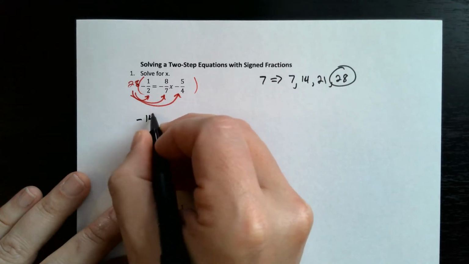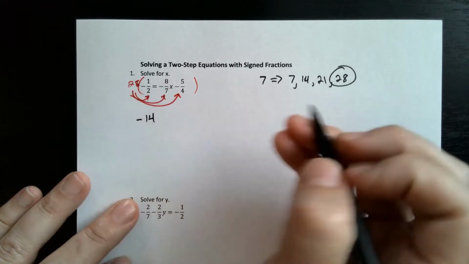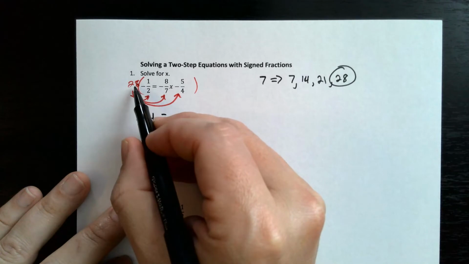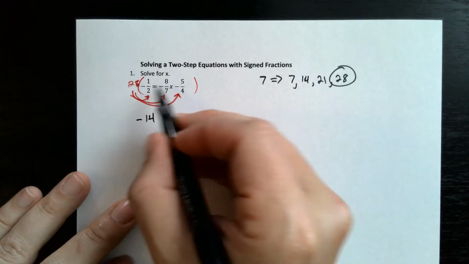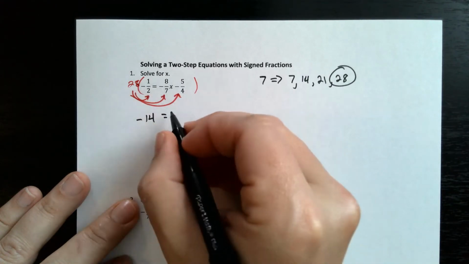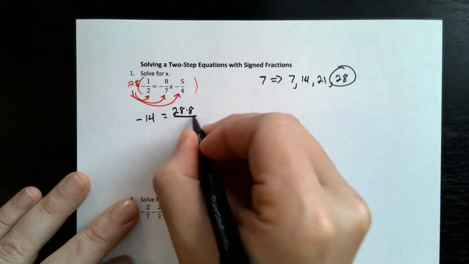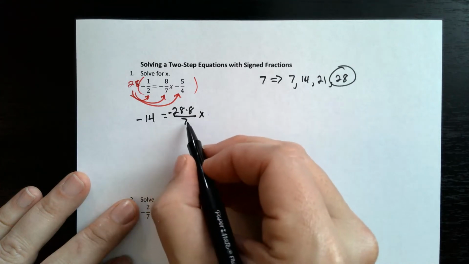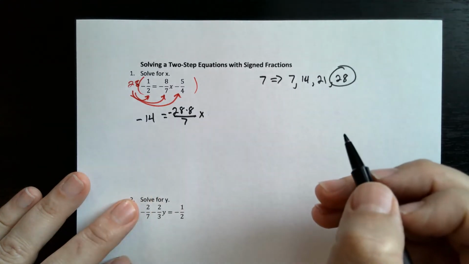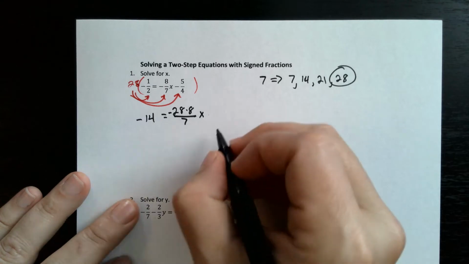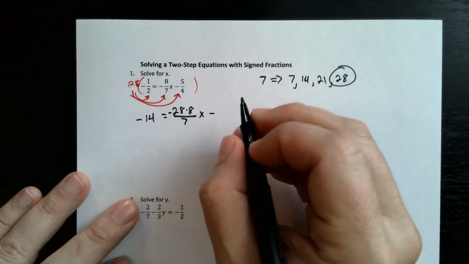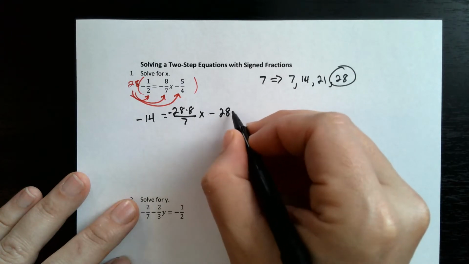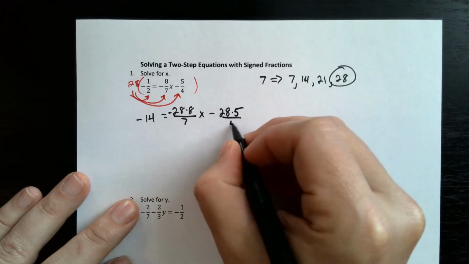So negative 14 is our first one, equals, when I multiply 28 by this, let's leave the 8 there and put the 7 on the bottom, x. You can see on the next step that the 7 will go into 28 4 times, so that will reduce as well. We'll write that down in the next step. And we'll do the same thing here: multiply 28 times that one, so you get 28 times 5 divided by 4.